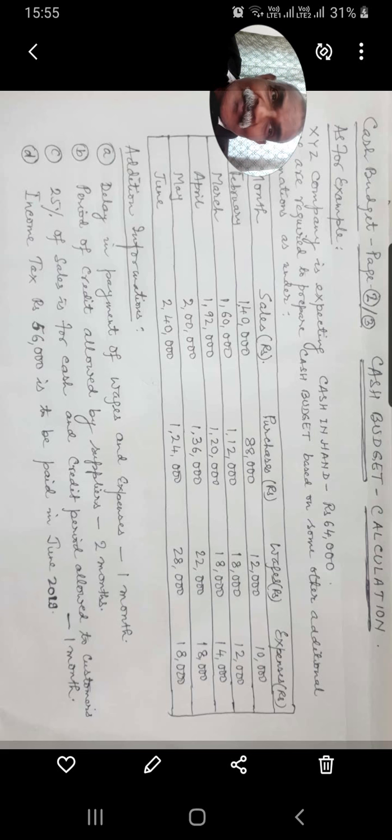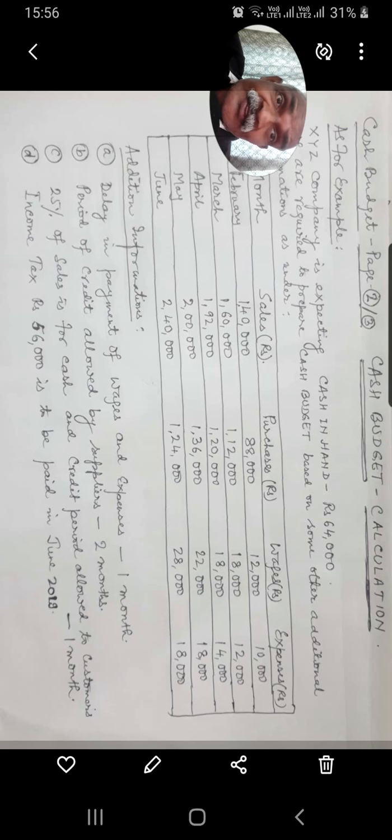Now, there is sale and purchase. Again, sale and purchase, there are two terms, as you know well. That is cash sale, cash purchase, trade sale, and trade purchase. So we have to have the idea: is there a 100% sale on cash?